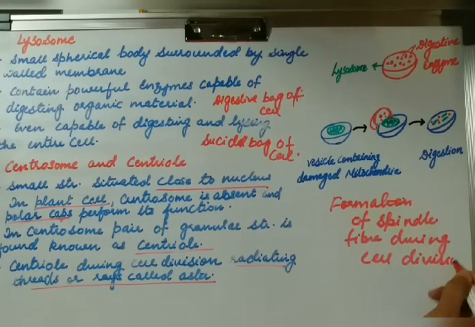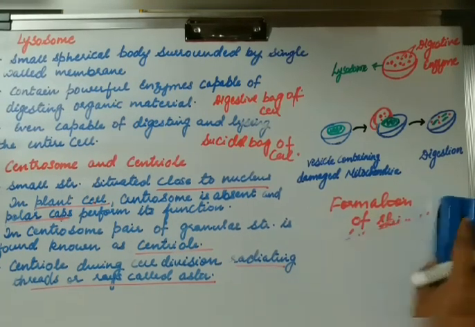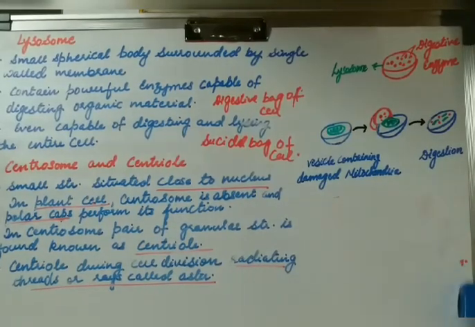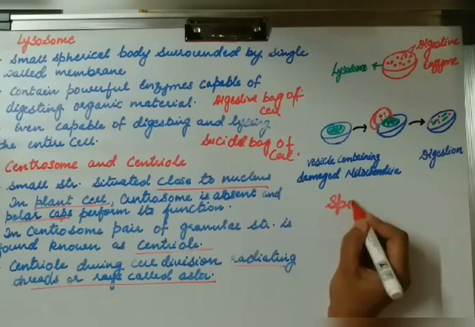When the cell divides, there is a formation of spindle fibers, and those spindle fibers are formed due to the centrosomes and the centrioles. Spindle fibers are basically necessary to equally divide the chromosomes of the parent cell into two daughter cells.